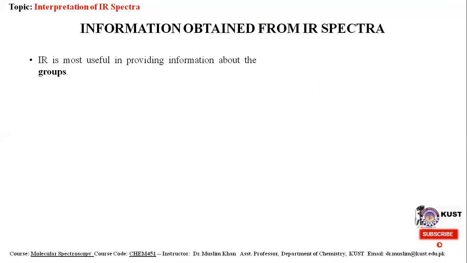So what type of information can we obtain from an IR spectrum? IR is most useful in providing information about the presence or absence of specific functional groups.